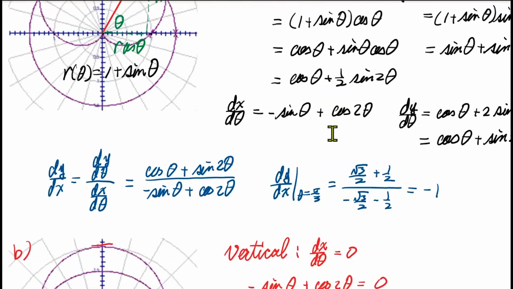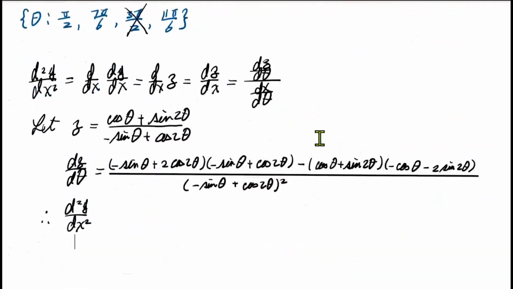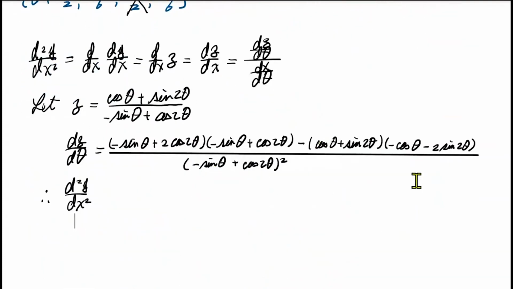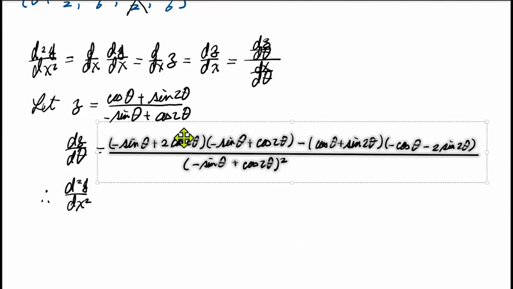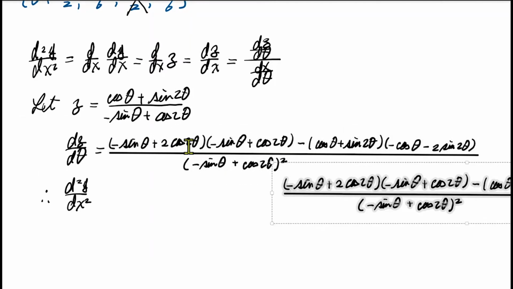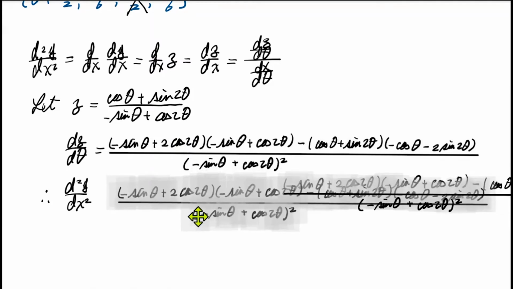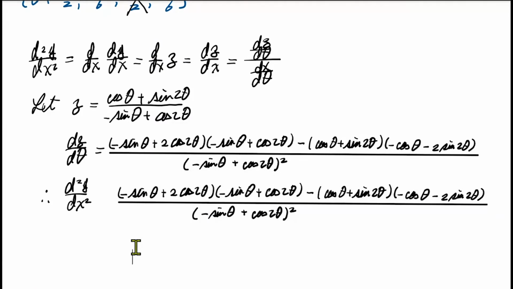Negative sine plus cosine 2 theta. That looks exactly the same as this. So I'm going to recycle this writing. All I have to do is copy this, paste it, bring it over here, put an equal sign, and change that square to cube. How are we going to simplify this mess? Which is frightening in itself, right?